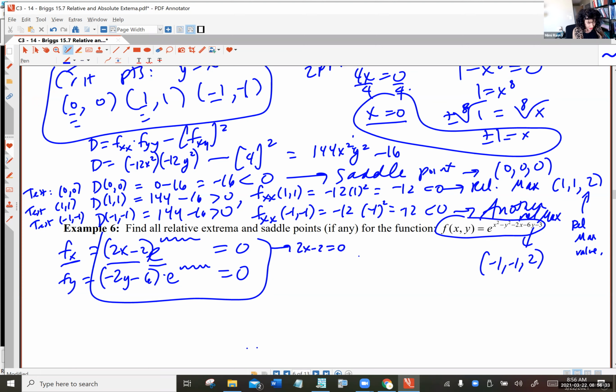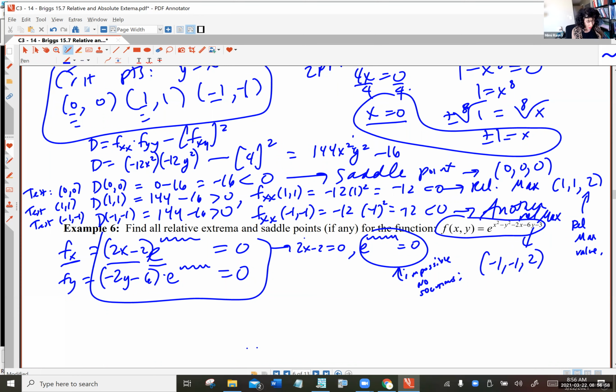It means 2x minus 2 equals 0, and or the exponential to the blah, blah, blah equals 0. Well, what you should know from algebra and pre-calc is that exponentials never are equal to 0. They're always positive. So this is impossible. In other words, there's no solutions.